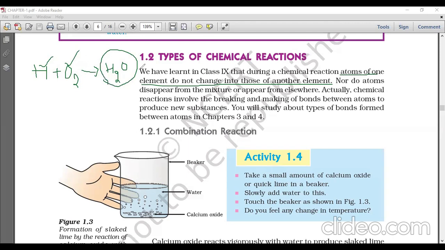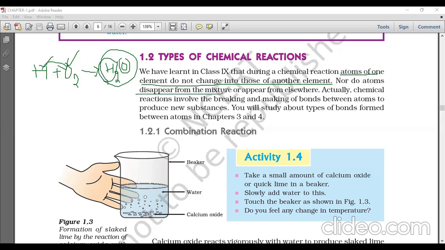Even though it has changed into water, it contains hydrogen atoms and oxygen atoms. Hydrogen will not change into oxygen, and neither will disappear. They will be present in the final compound also, but we get a new substance.